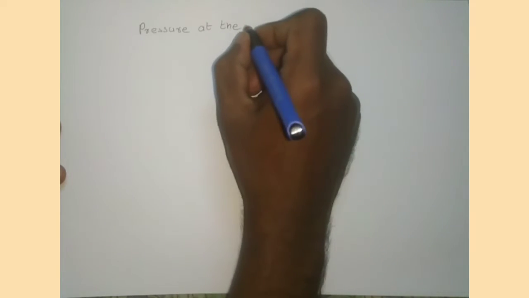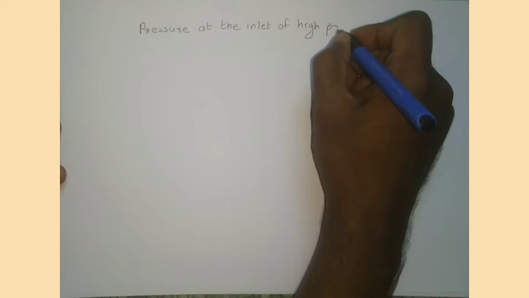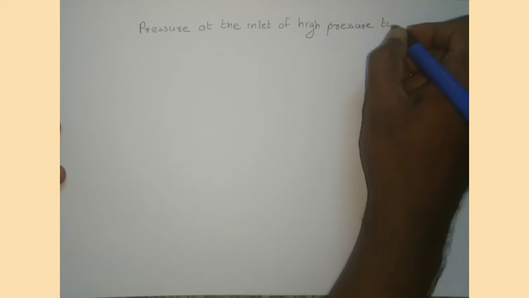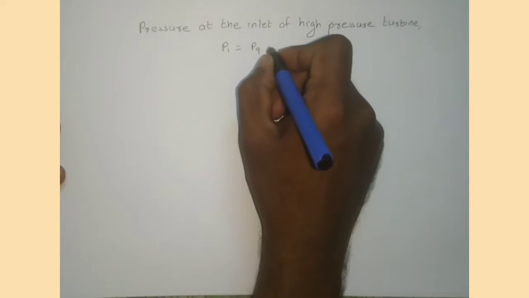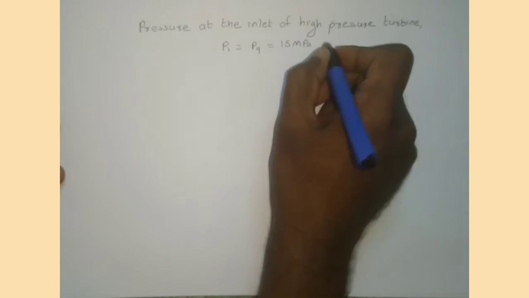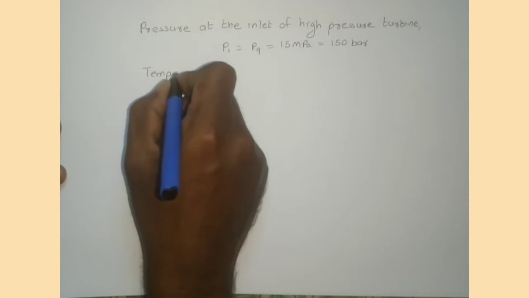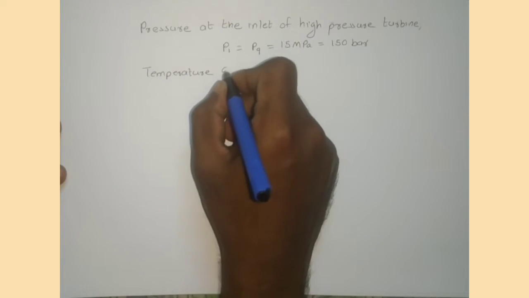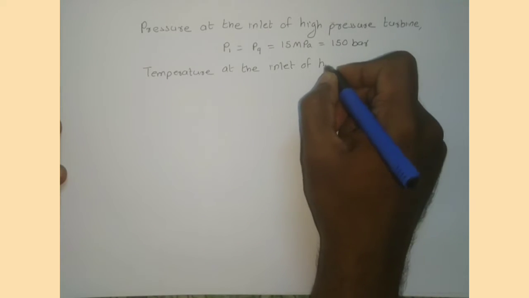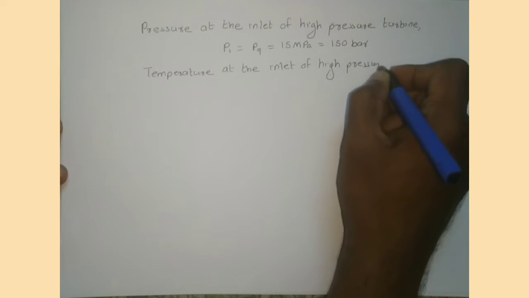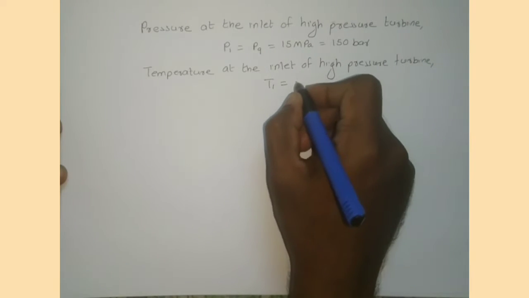Pressure at the inlet of the high pressure turbine, that is the same as boiler pressure: P1 equals P9 equals 15 megapascal, that is 150 bar. Temperature at the inlet of the high pressure turbine is T1 equals 600 degrees Celsius.